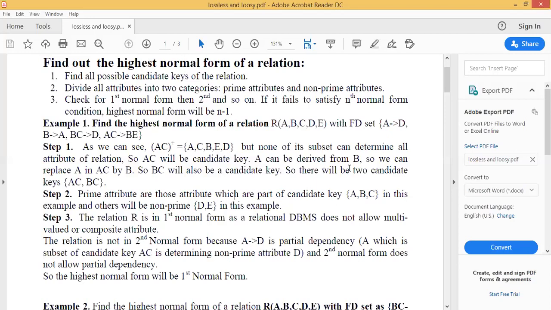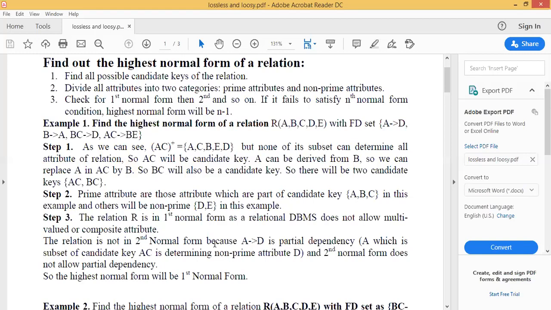A can be derived from B, so we can replace A in AC by B. So BC will also be a candidate key. So there will be two candidate keys, AC and BC. So the prime attributes are A, B, C, and the non-prime attributes are D, E in this example.